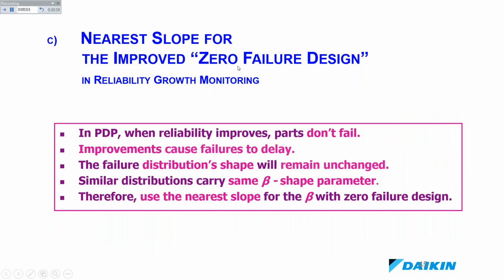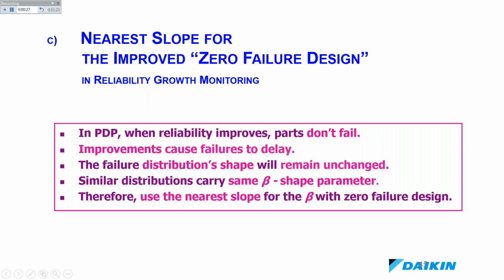This is called nearest slope for improved zero failure design. This situation comes during your new product development process, when reliability improves and parts don't fail. They improve, now they don't fail. So we don't have dots on the plot. Improvements cause failures to be delayed.